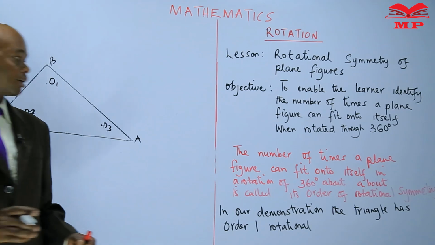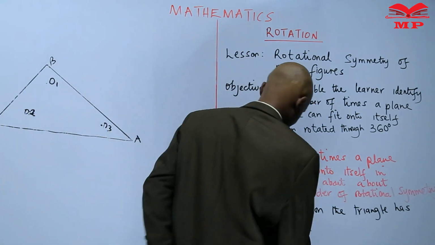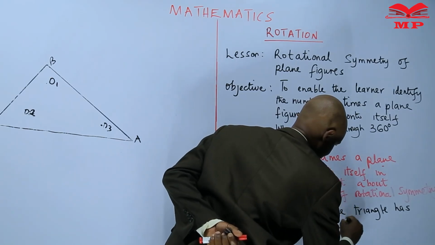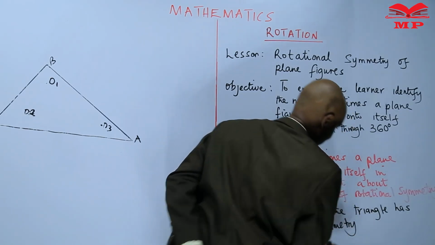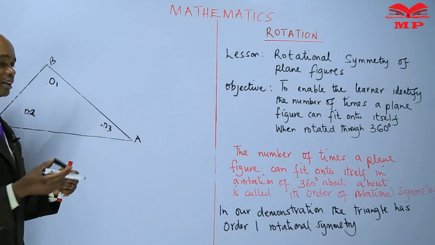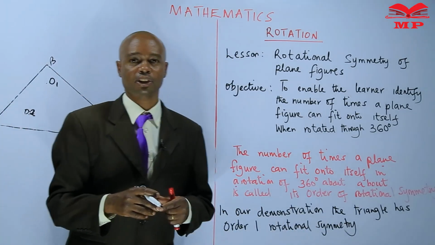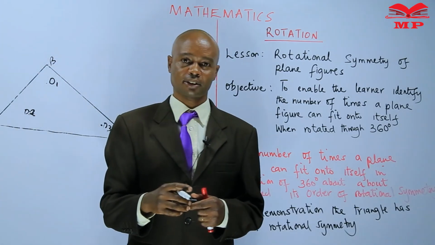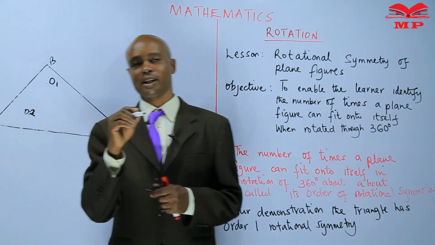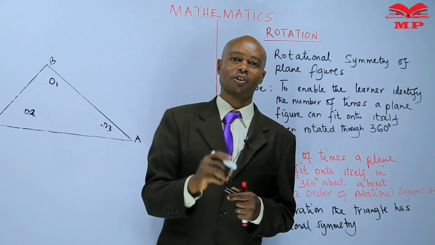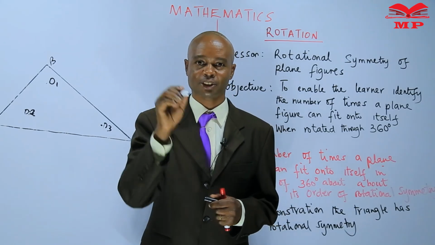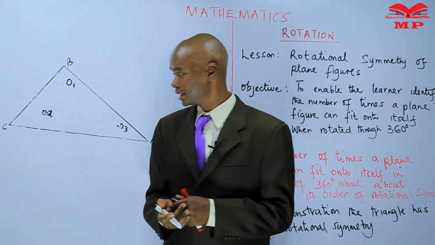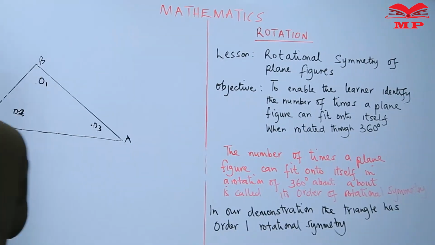It has one order of rotational symmetry. In other sections we shall deal with figures that have more than one order. When a figure has more than one order, whether it can fit 2, 3, 4, 5 times, we say it has rotational symmetry.